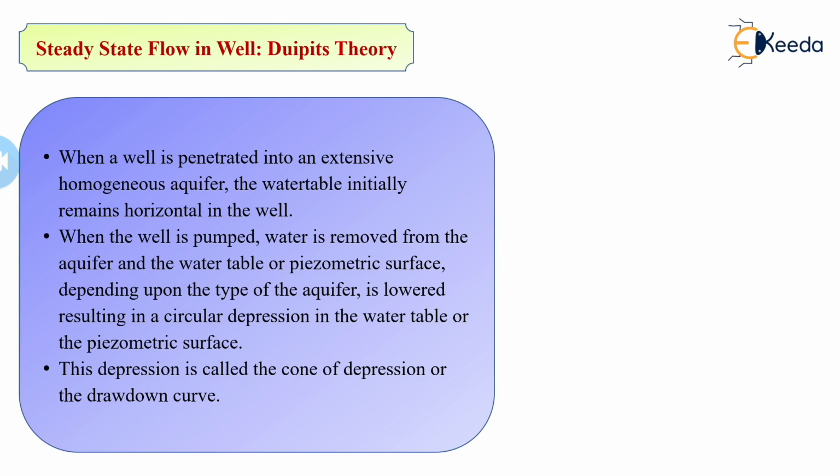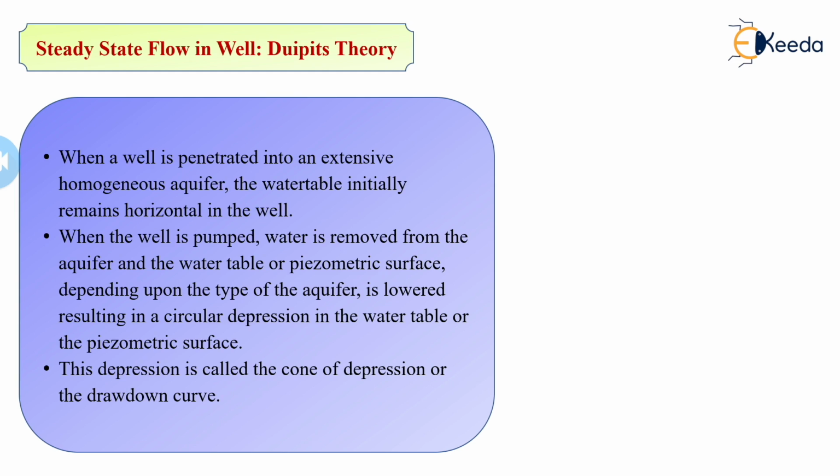According to Dupuit, who did the research and the analysis, he gave us these technical terms. Once the water is pumped out of the aquifer, the level of the water table is lowered, and it gives us a cone of depression, which is a circular depression shape.